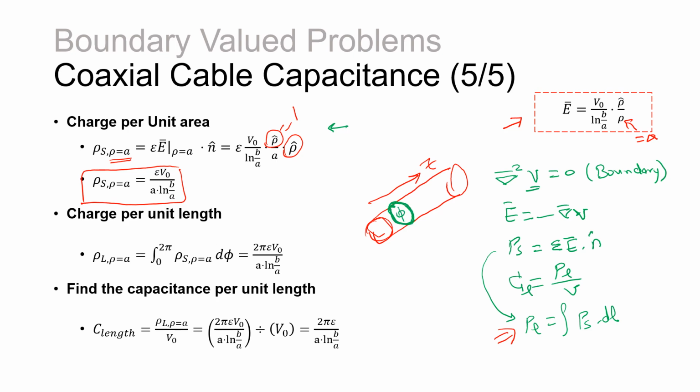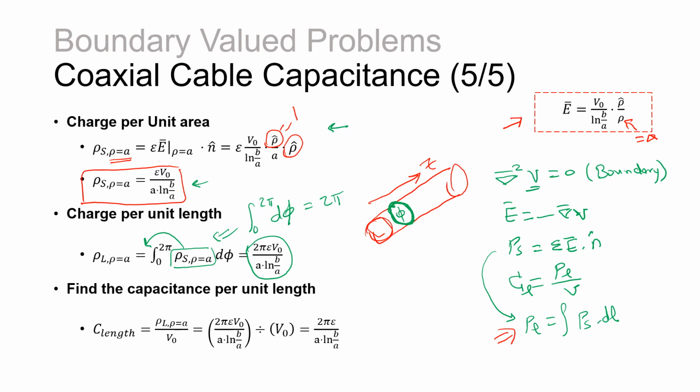This is where we will do the integration. Luckily, our rho S doesn't depend on phi, so rho S is nothing but a constant. So this constant will come outside the integration. Then you will be left with the integration from 0 to 2 pi of d phi, which is 2 pi. Finally, you will have your rho L equal to 2 pi epsilon V naught over a ln b over a.